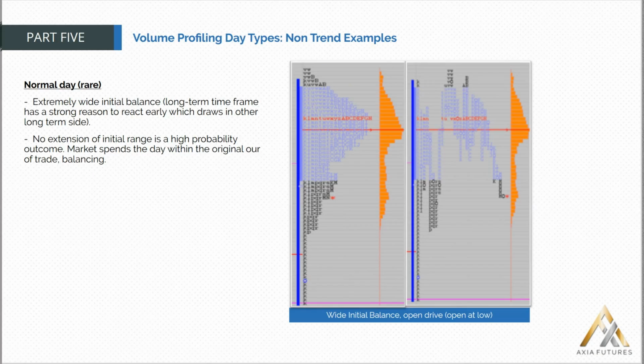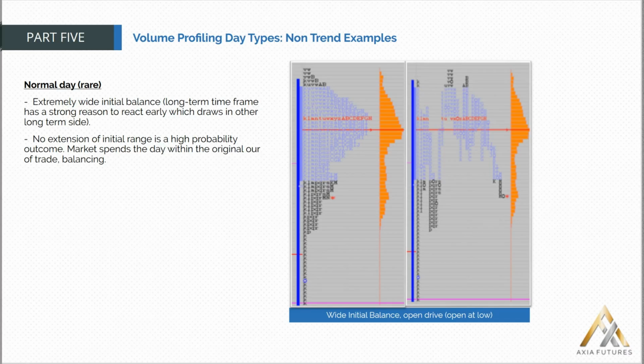Now, the important thing to understand about a normal day type is that we tend to spend the entire session filling out the initial balance. So straight away, if you know there's a high probability that the market's going to spend almost the entire session within the early established range, you can develop some fantastic trade opportunities with very good conviction, knowing that it is a normal day type.